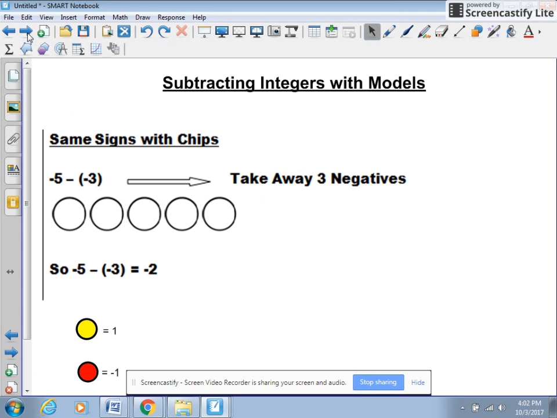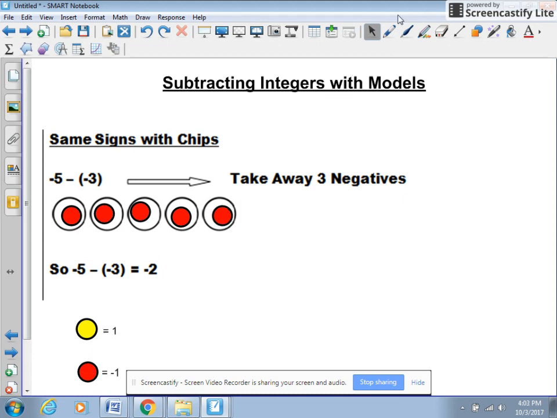In instances where you have the same signs and you are modeling with the counters or the chips, this is how you're going to do it. For this one, we have -5 minus -3. So here we have 5 negatives. You can color yours red or just put a little minus sign in between there.